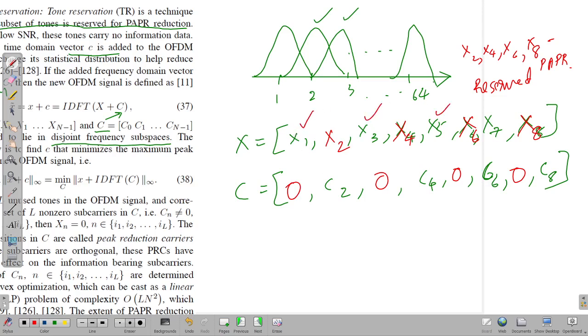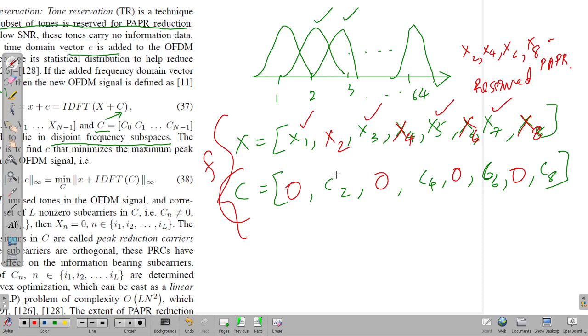X1, X3, X5, and X7 carry data, and this vector C, which is in frequency domain, should not interfere with the original data. When you recover the signal at the receiver after the FFT, C should not interfere with X. Then what does C do?